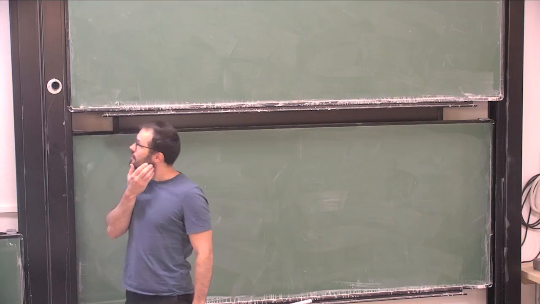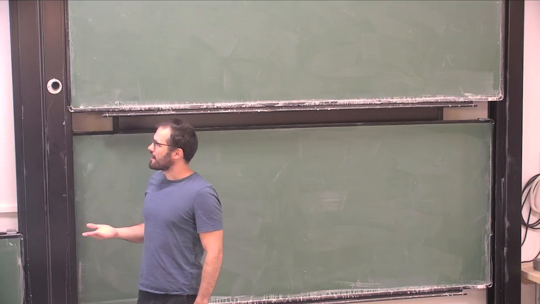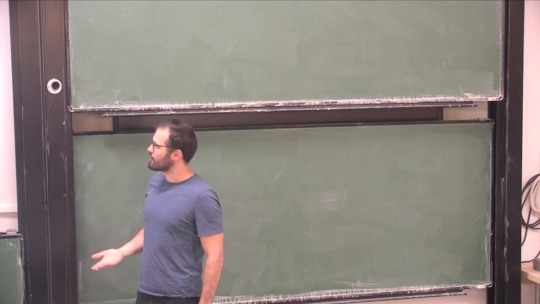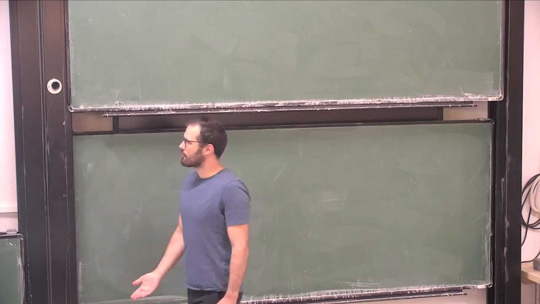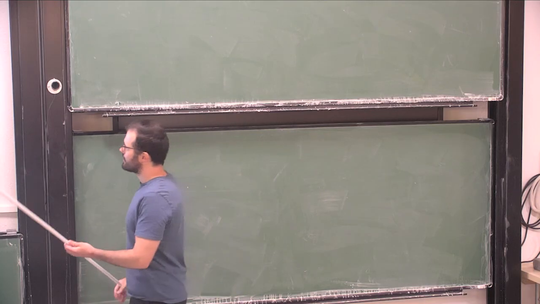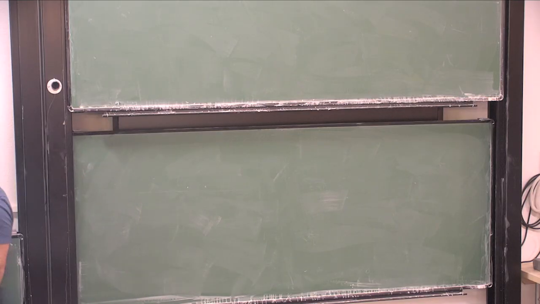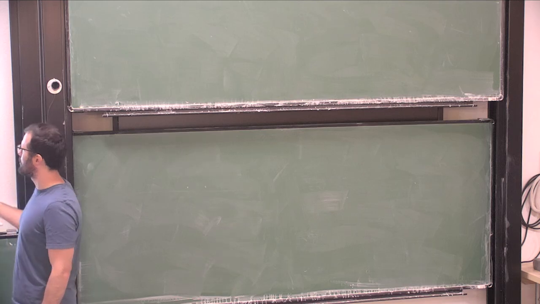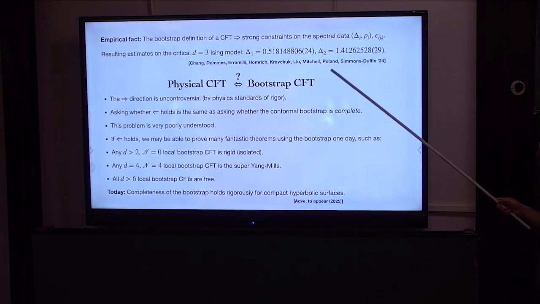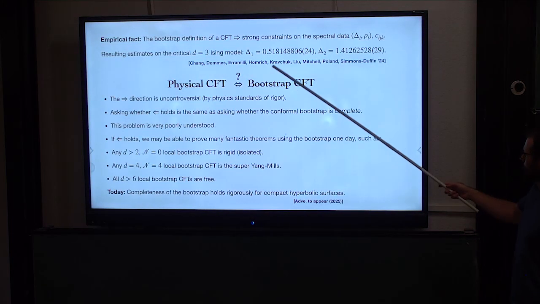Okay, then there's an important empirical fact that this bootstrap definition of a CFT seems to lead to very strong constraints on the spectral data. Not any spectrum can appear in the Hilbert space, and in particular, people have derived rather impressive estimates on the scaling exponents in the three-dimensional Ising model.